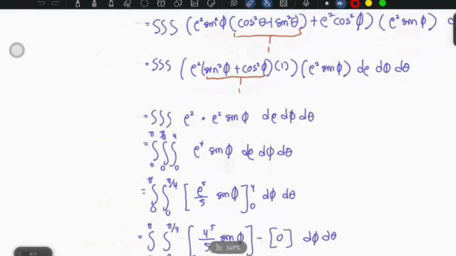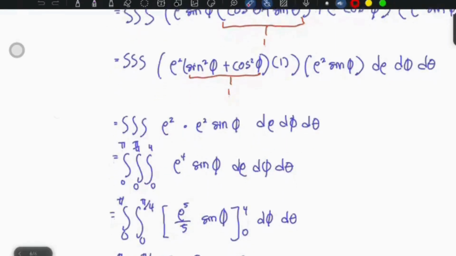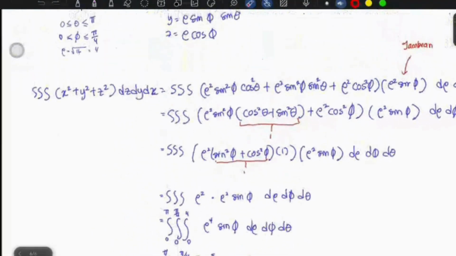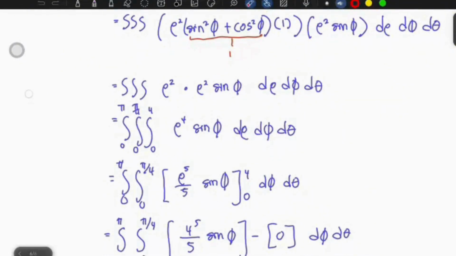After that, we put in the limits. For the first integral, rho is the radius of the sphere, from 4 to 0. Then the limit for phi is pi divided by 4 to 0.